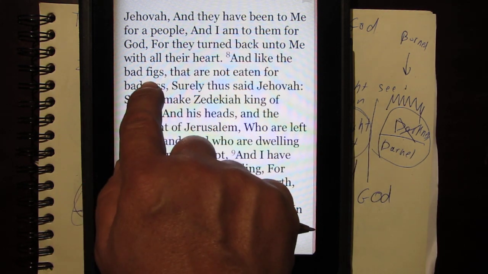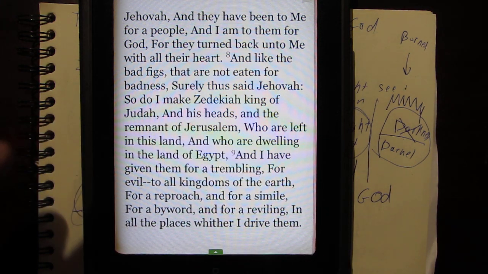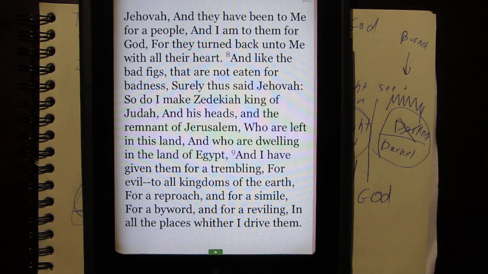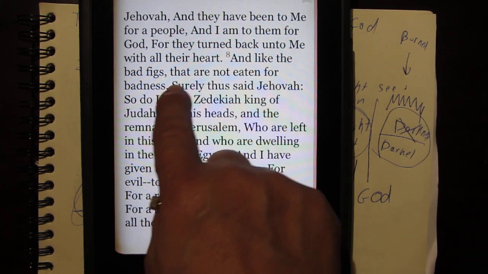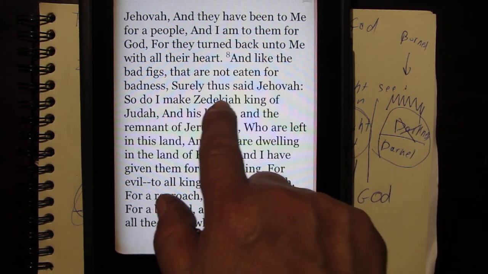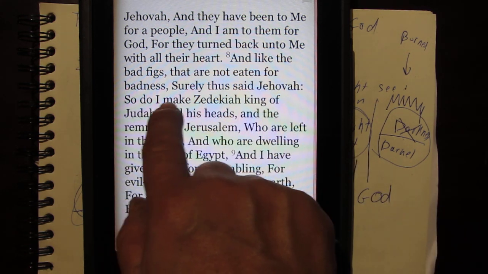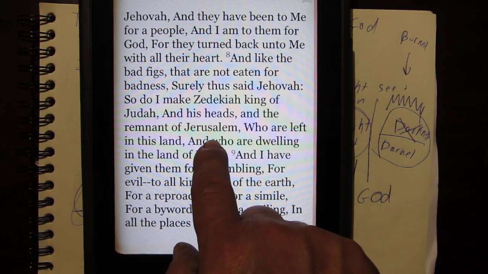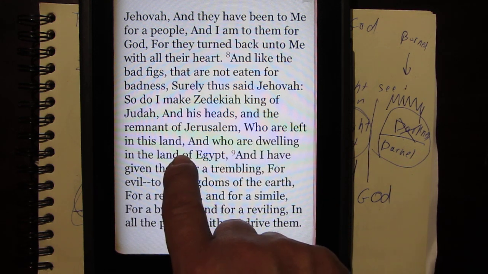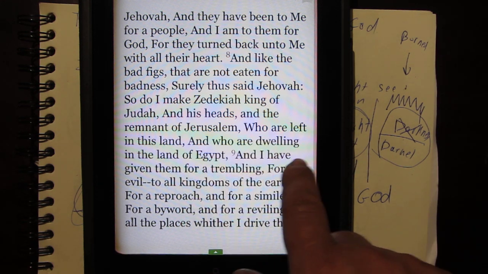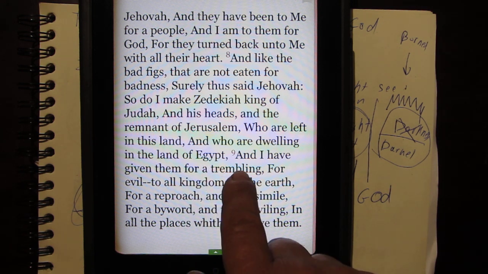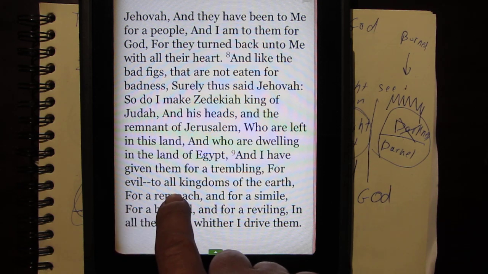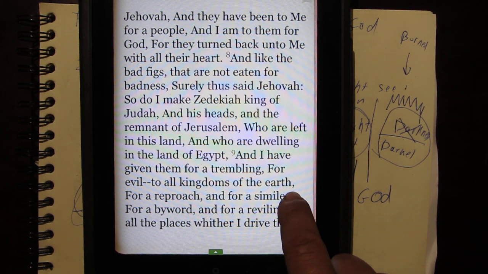And like the bad figs, now this is the other figs from another fig tree, because we know that a good tree doesn't make bad figs, that are not eaten for badness. Surely thus saith Jehovah Yahweh, so do I make Zedekiah king of Judah and his heads and the remnant of Jerusalem, who are left in this land, and who are dwelling in the land of Egypt, and I have given them for a trembling, for evil, to all kingdoms of the earth.